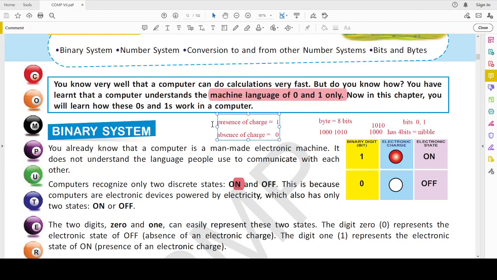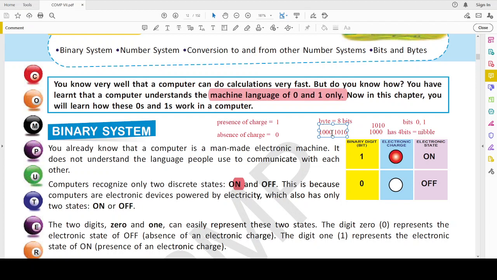We use the binary number system, and a pattern of zeros and ones which is 8 bits in length is called a byte, and it is required to represent a character. There are so many characters on the keyboard, like the letters, the numbers, the special characters.